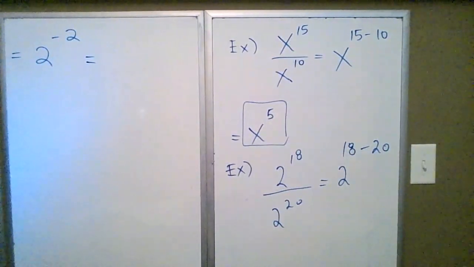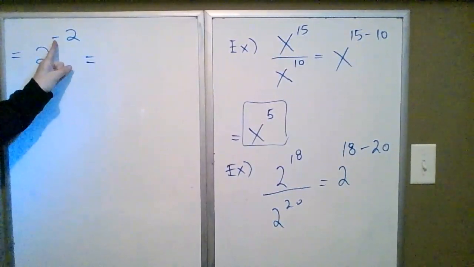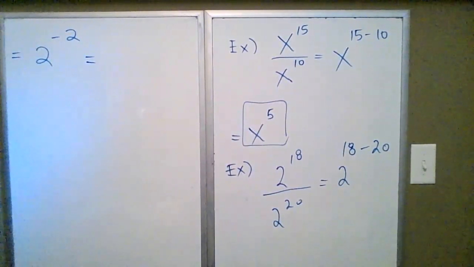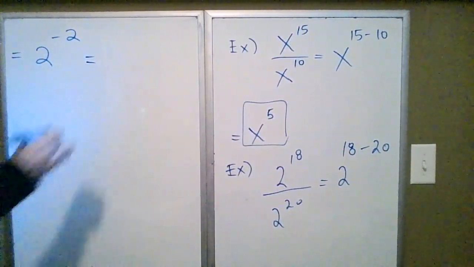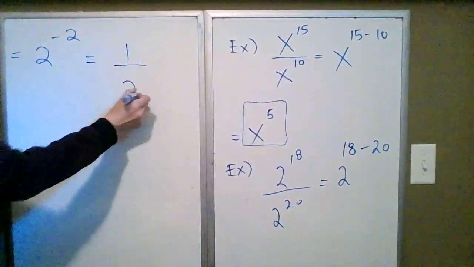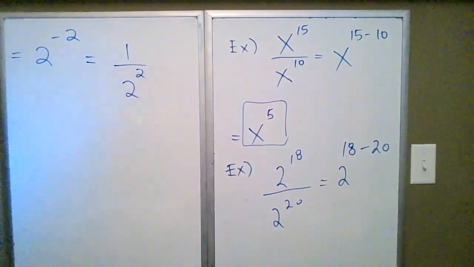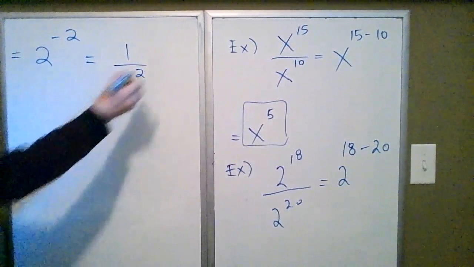It will be clear in each question that you don't want to have an answer with negative exponents. So take care of that part by bringing this value down to the denominator. And now your power can be positive too. So this is 1/4.